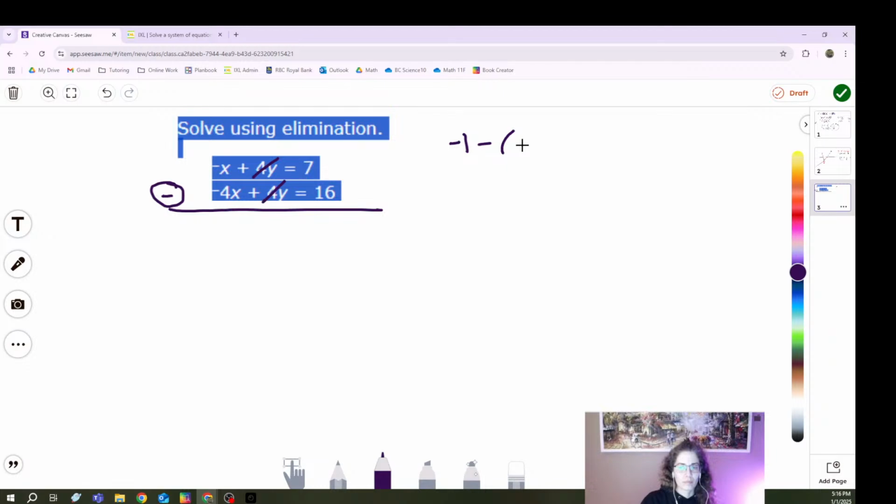What happens when we subtract a negative number? Turns into addition. So what is minus 1 plus 4? Yes. Okay, on the right side of the equation we have, again, subtraction. So 7 minus 16. What's 7 take away 16? Negative 9, exactly.